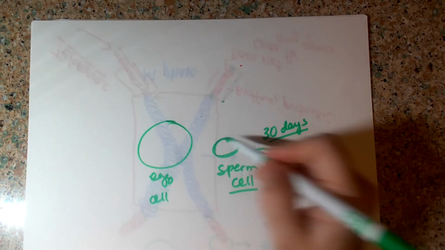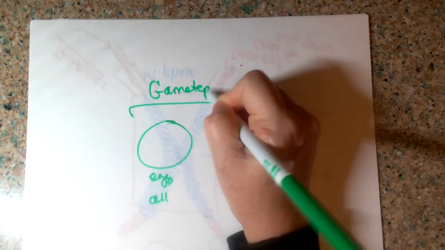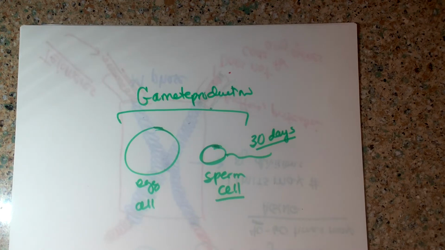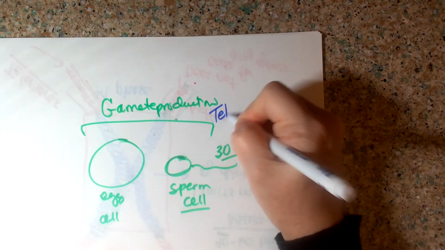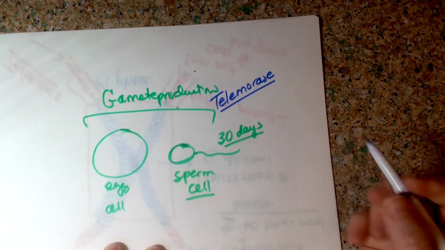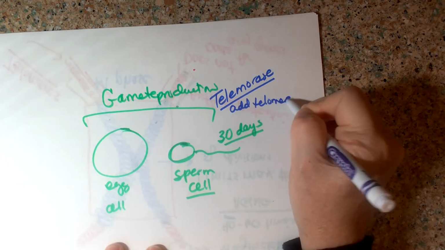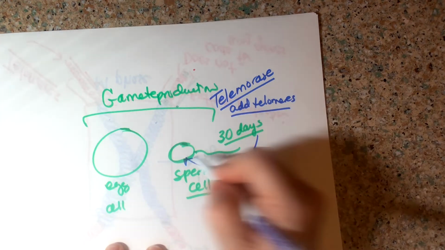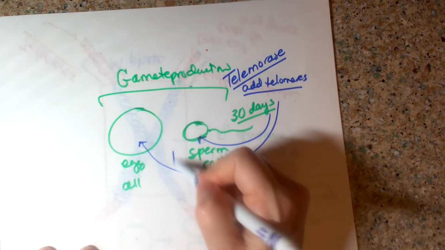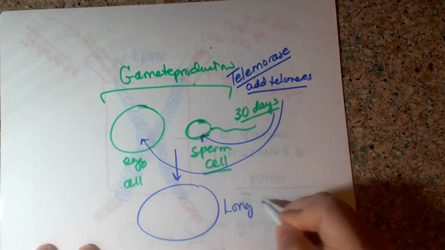But inside this gamete production, there's an enzyme, and the enzyme is called telomerase. And what telomerase is going to do is add telomeres to these chromosomes in the sperm cell and the egg cell, so that any new offspring that gets made is going to have long telomeres.